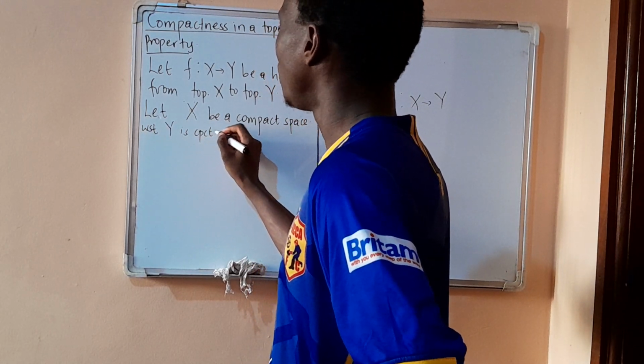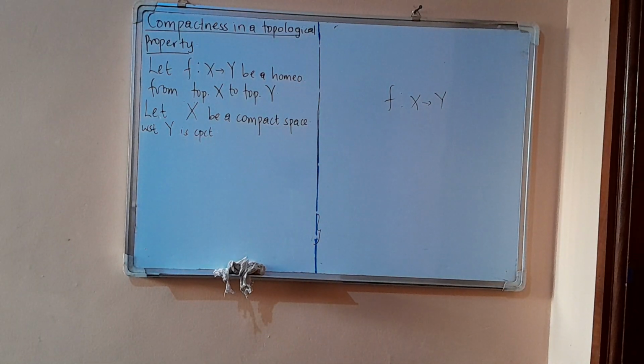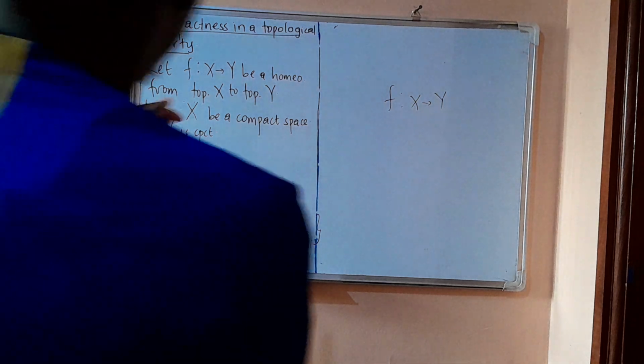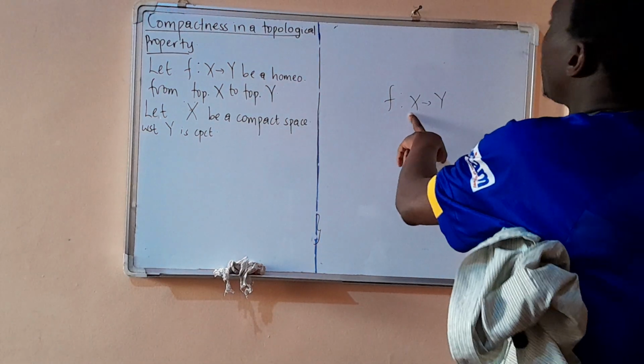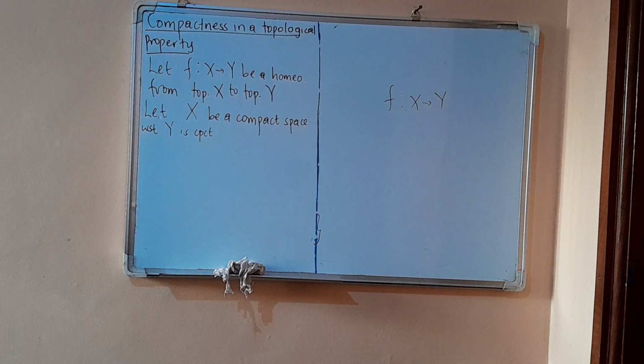I'm going to do this as a two-sided proof, because for a property to be preserved under homeomorphism, if you suppose that this is compact, then you show that this is compact. Also, if you suppose that Y is compact, you show that X is compact.